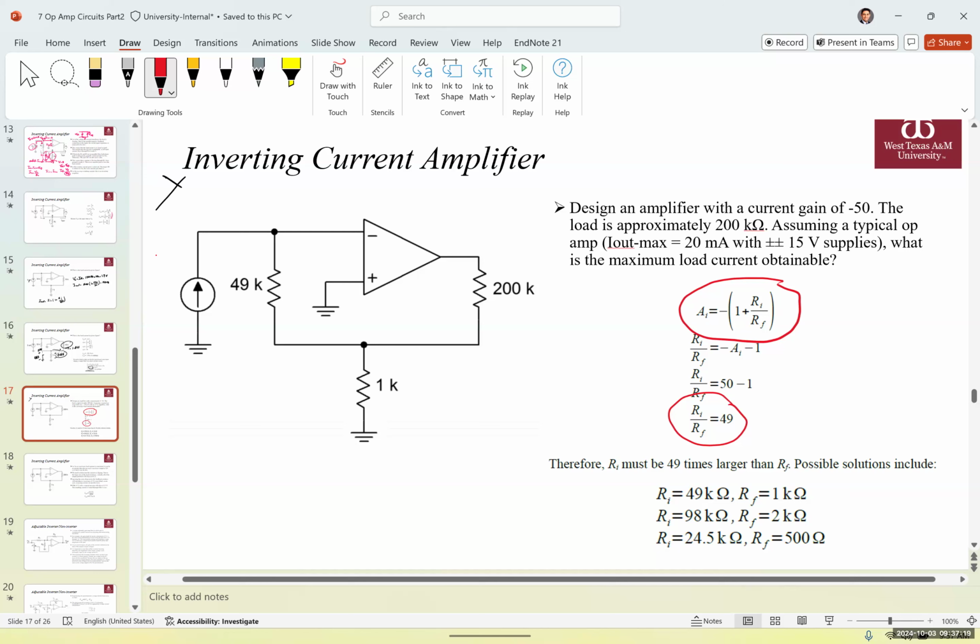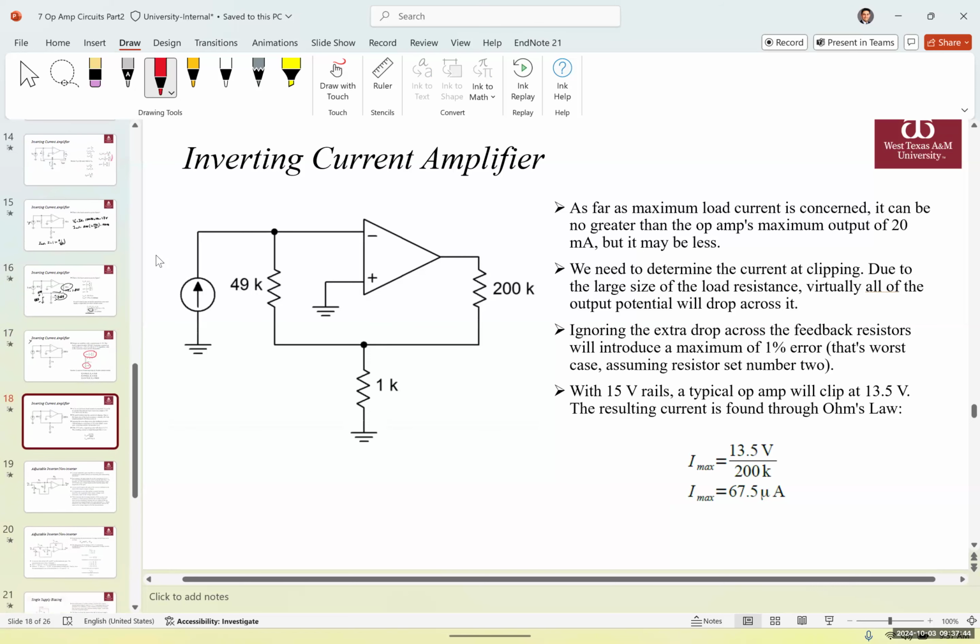But we can't just put in any of these combinations, because some of them would create an issue. If we don't use the proper resistors, the output voltage, and therefore the output current, would go into saturation. So we need to find the saturating current. We know that the supply rail voltage for this one is 15 volts.